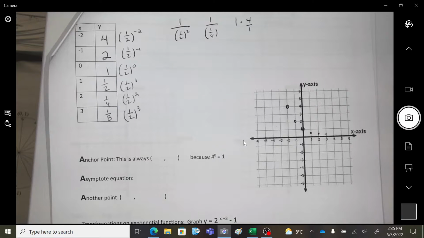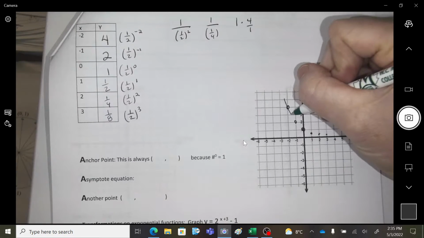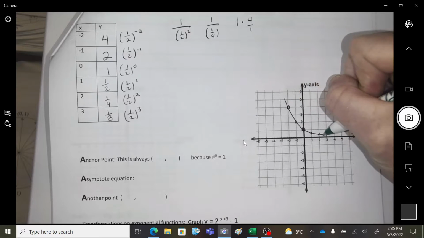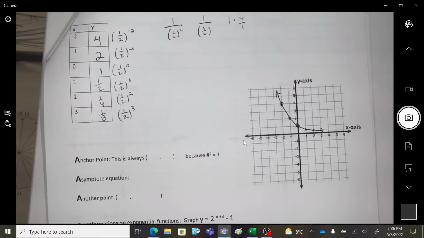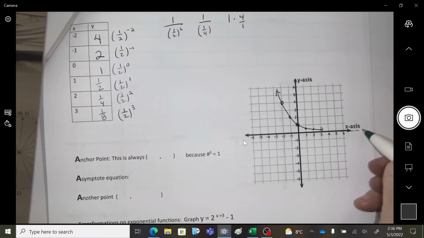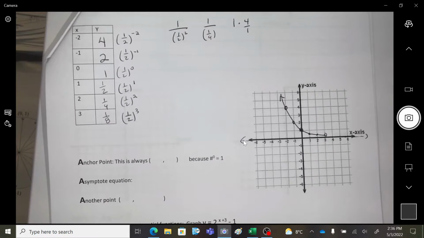Does yours look like mine with the dots? Points are good? So I'm going to connect. I also have, did you realize, the same asymptote? Because you're just going to be going right and down, closer, closer, closer to 0.